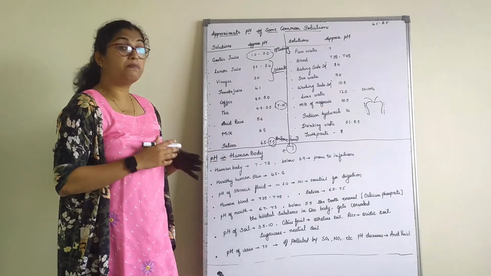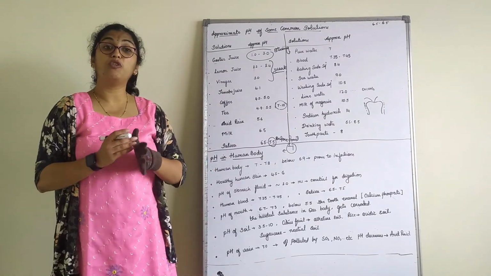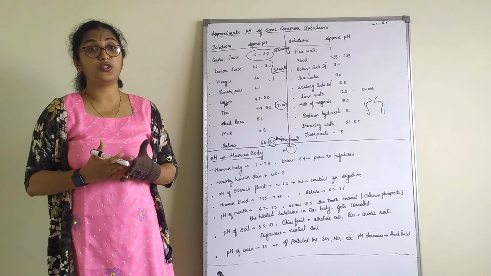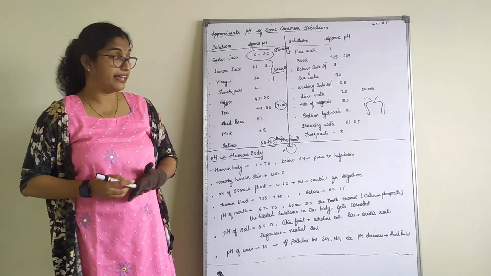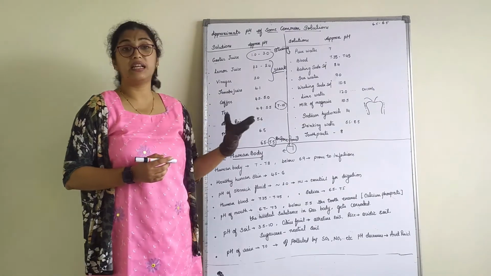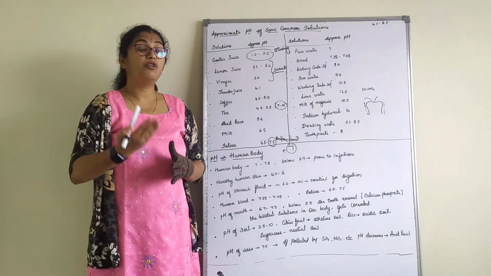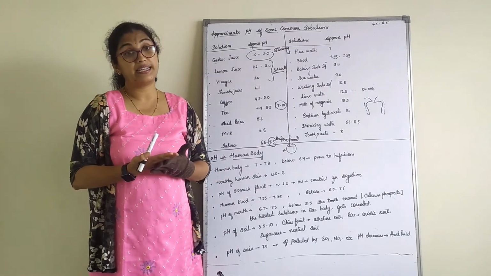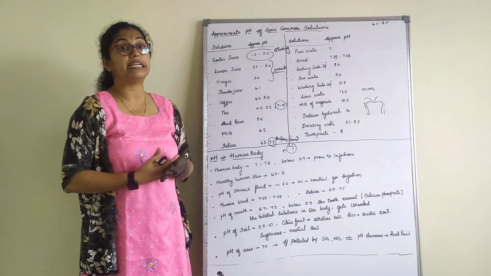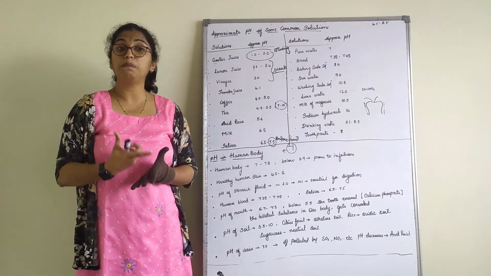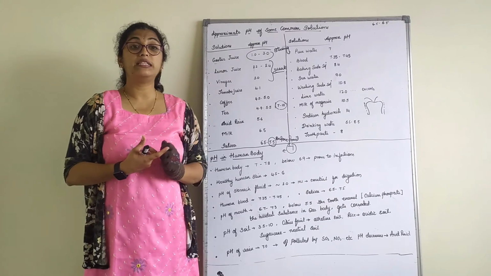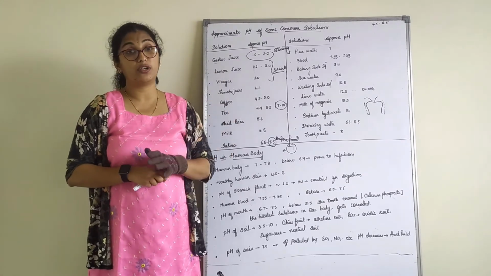So this is the pH in the human body and how pH plays a very important role in our day-to-day life. So in today's class, we understood what a universal indicator is, and how to measure the strength of an acid or a base using the indicator, that is nothing but the pH scale, which tells us the power of hydrogen ions.